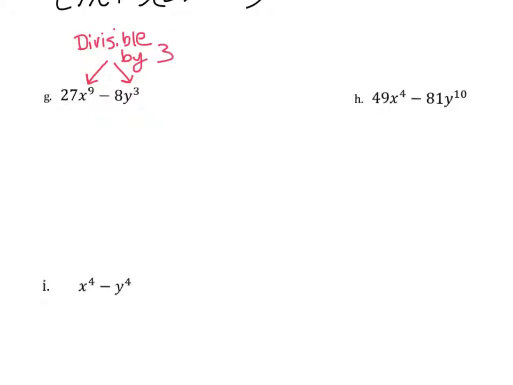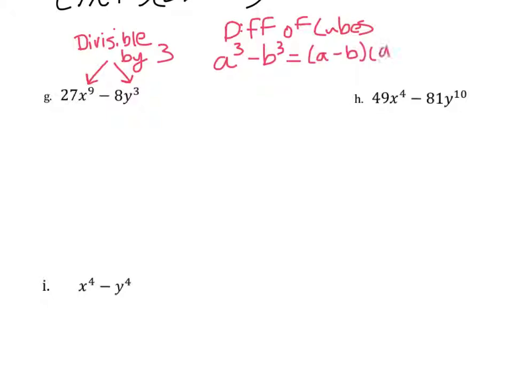That's a sign that I'm going to have a difference of cubes here. When I have a difference of cubes, I got to remember the formula. A cubed minus b cubed equals a minus b times a squared plus ab plus b squared. That's the formula that I have to remember.